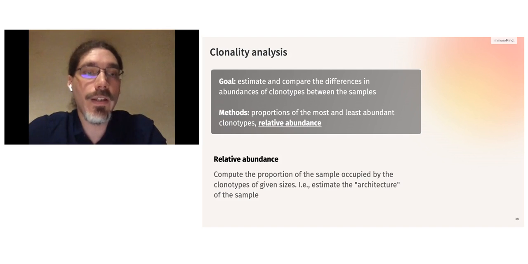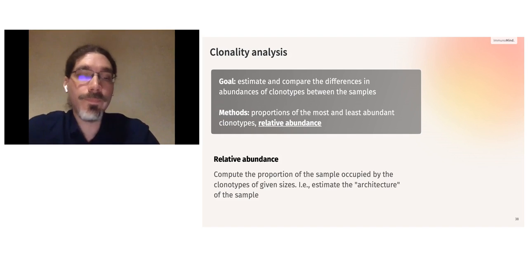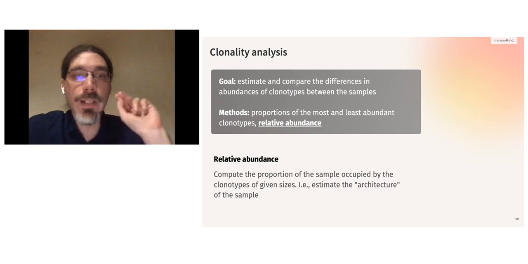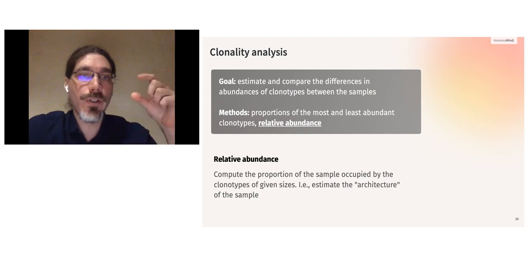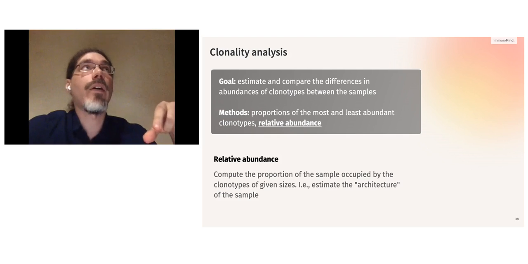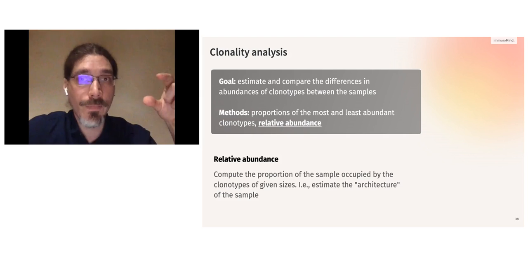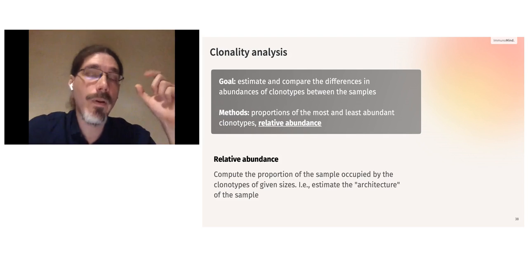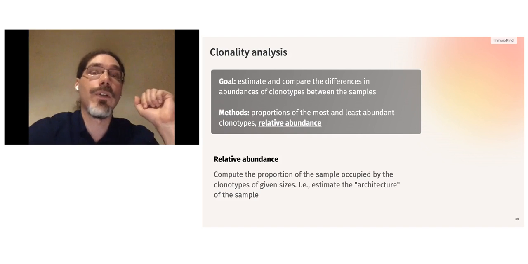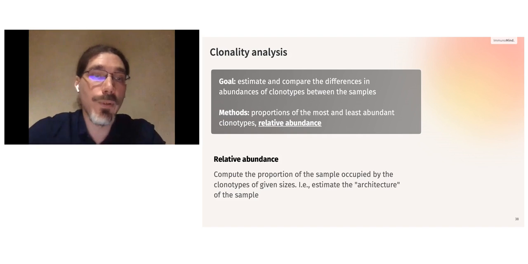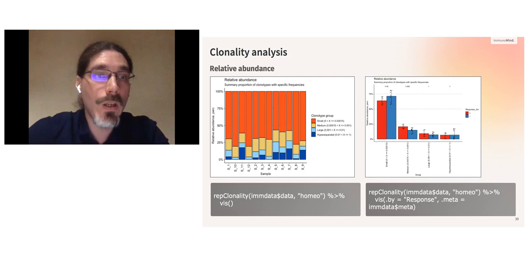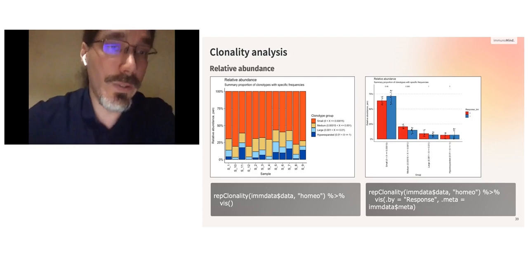The idea here is to split the repertoire into different groups, based on their percentage or proportion in the immune repertoire, and then sum up these clonotype proportions and plot it. So how does it look?